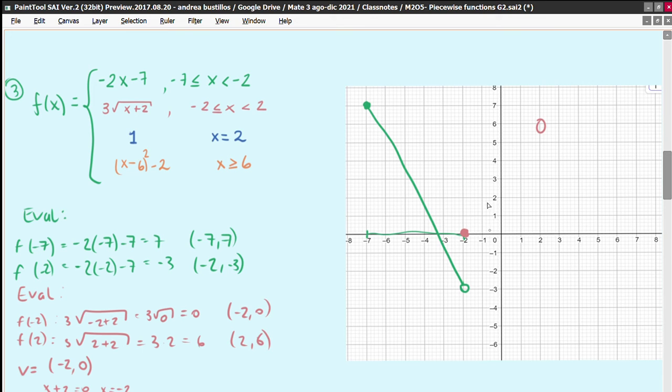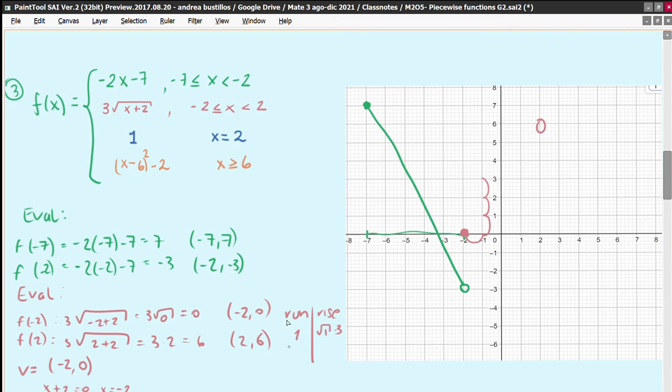Now I'm going to use the run-rise method to graph. Notice that my leading coefficient is 3. That means that if I run 1, I'm going to rise the square root of 1, 1 times 3, 3. So 1, 2, 3. I'm going to plot my run and rise points.